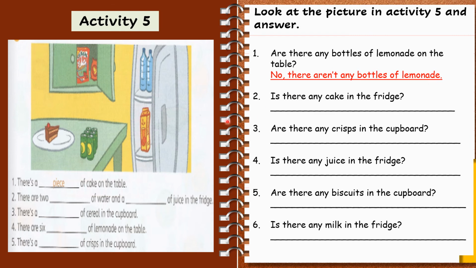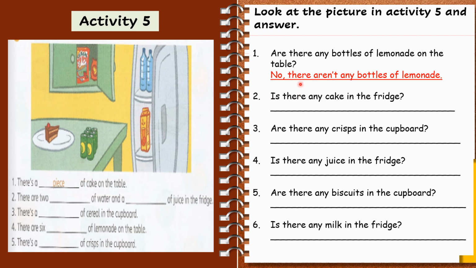Okay, now look at question number 2. Is there any cake in the fridge? So you need to look at the question. Cake in the fridge. So you need to look at the fridge and you find the cake. Is there any cake here? If yes, then you can write the answer. Yes, there is a cake. If no, then you can write no, there isn't any cake.